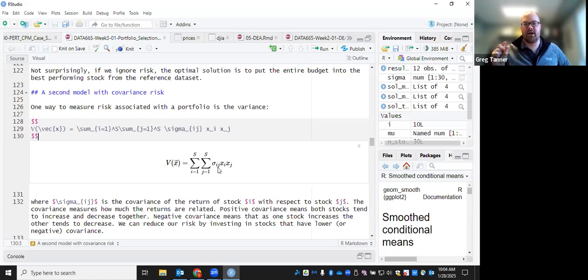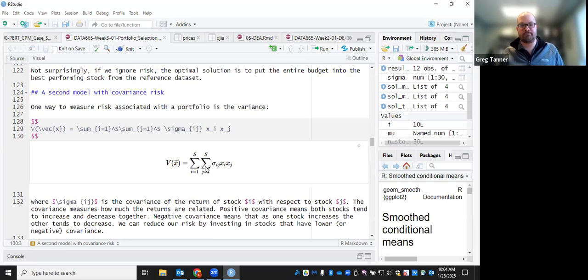They tell us how related stocks are to each other, as well as if it's sigma 1,1, along the main diagonal of that matrix, it tells us how much variation that stock itself has. Okay, and so for our decision variables, we take our decision variables times this matrix and then times our decision variables again. And then we're summing over both i and j there. And so in the end, we just get a number out.